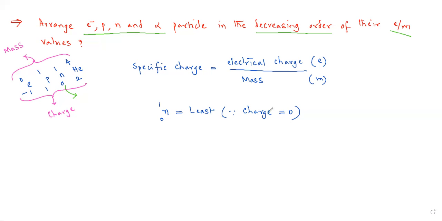Now check out electron. See, the mass of electron is 0. Something by 0 is infinite, right? So this is maximum.